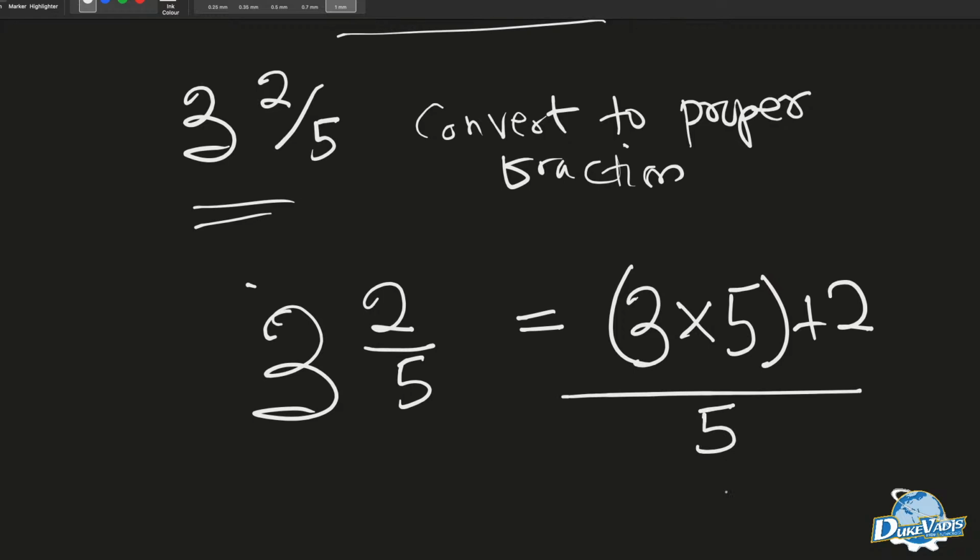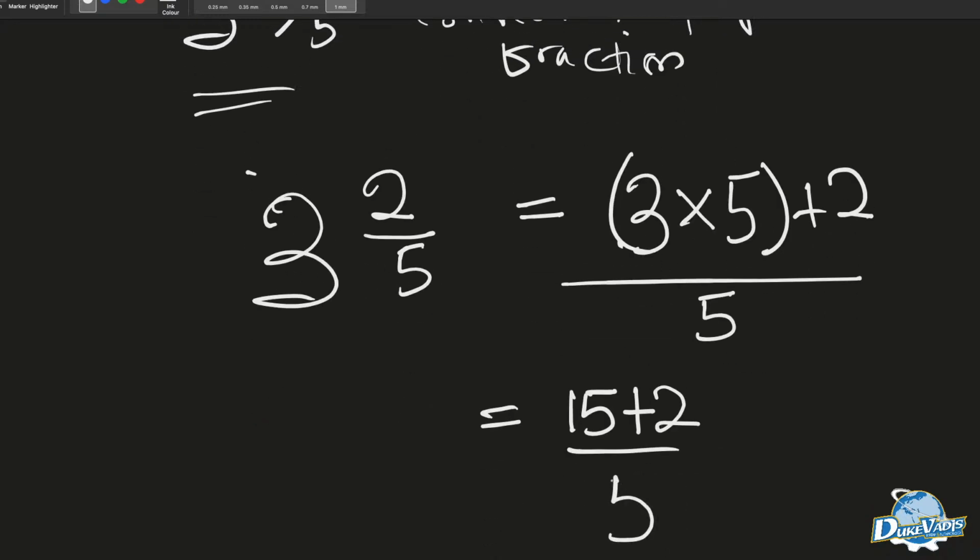You see? So when we multiply 3 by 5, normally we have to do the one in the bracket first, before we think of addition, okay, in BODMAS. So 3 times 5 will be 15. Don't forget that we still have our plus here. So it's plus 2 all divided by 5.